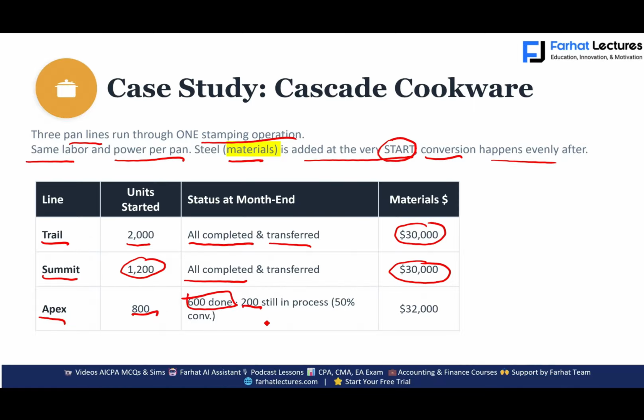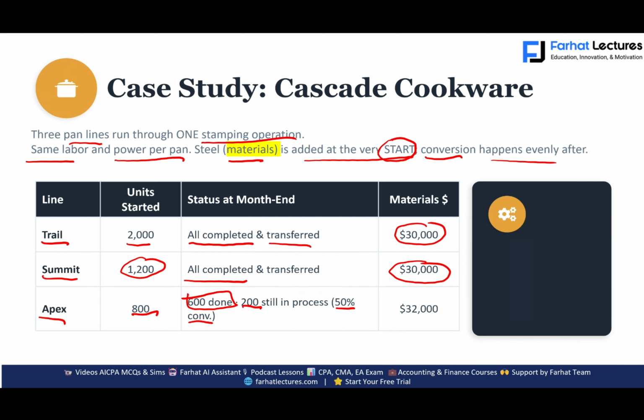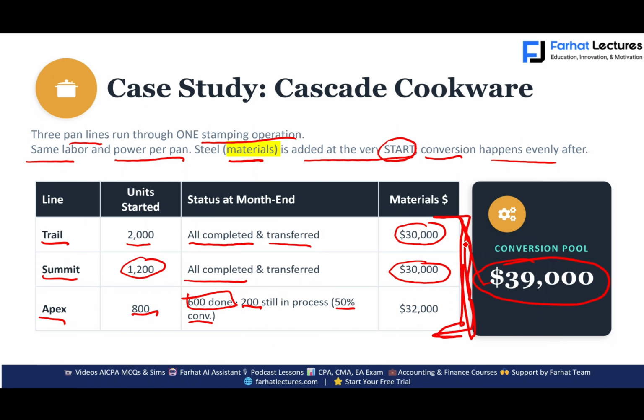It means they still have 200 in process, which are 50% complete as far as conversion cost, and the material that they incurred is 32,000. And the conversion pool is 39,000. It means labor and overhead. Remember, labor and overhead apply to all three. I'm sorry, labor and overhead, not material.